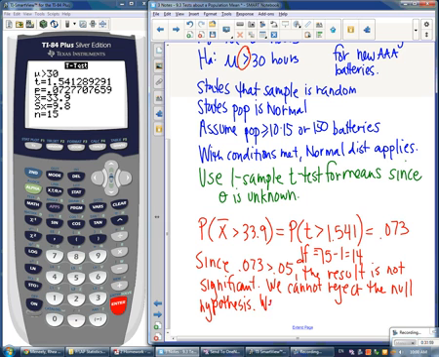It means we do not have convincing evidence that the mean battery life for the new batteries is more than 30 hours.